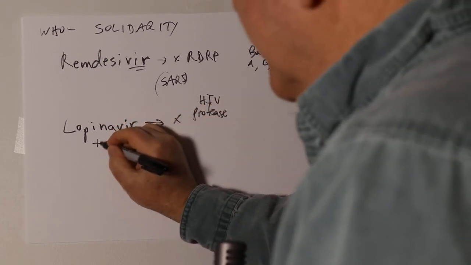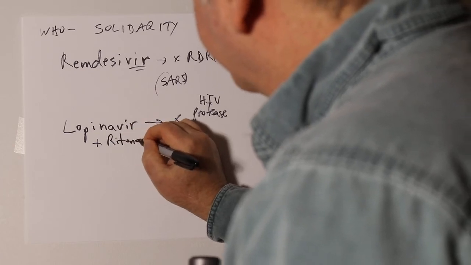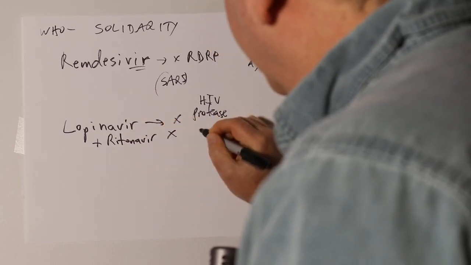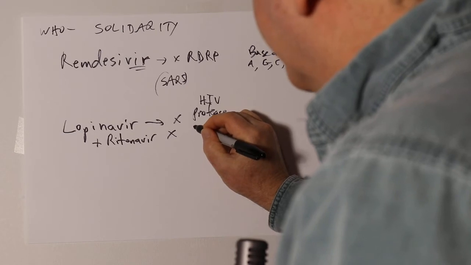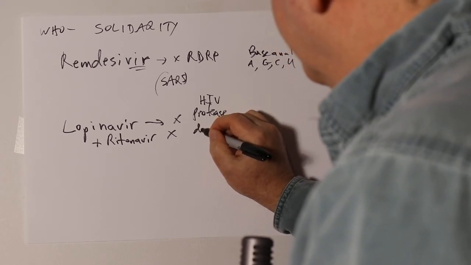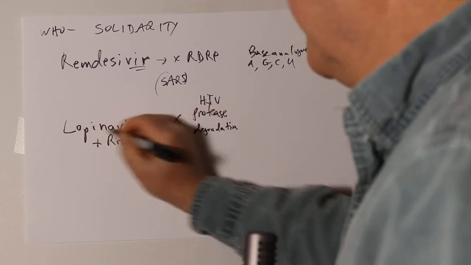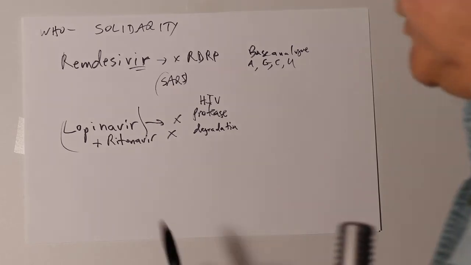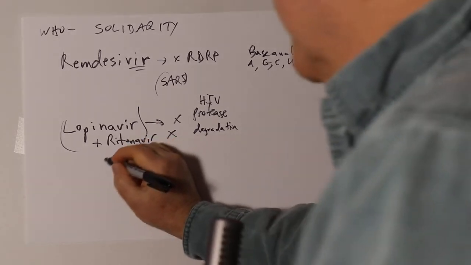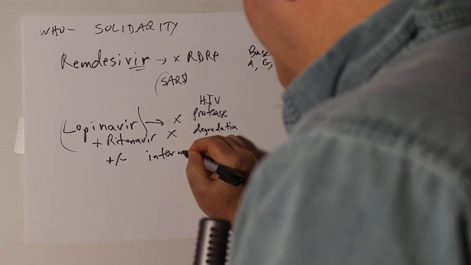So apparently there's another chemical, which they call ritonavir, which inhibits the process of breaking down lopinavir. So it stabilizes, it targets the degradation. So it stabilizes the lopinavir. So this is a cocktail that stabilizes the lopinavir, and they're using it with or without interferon beta.